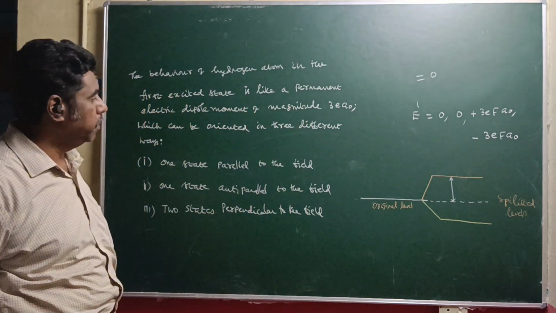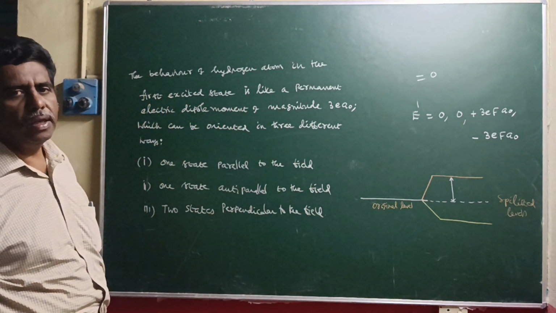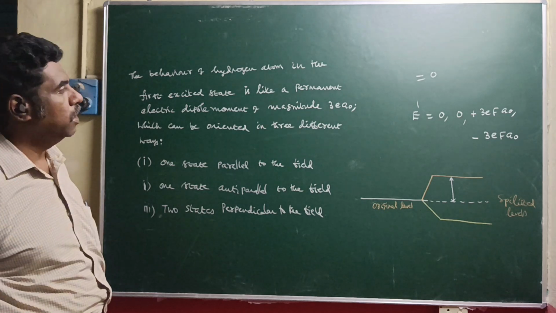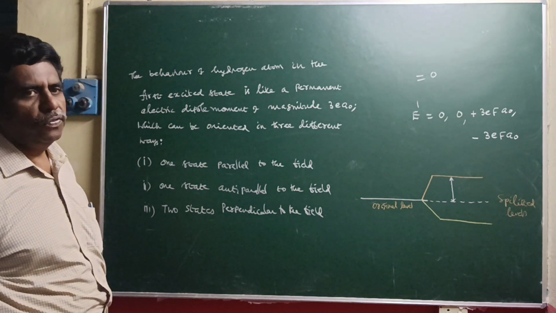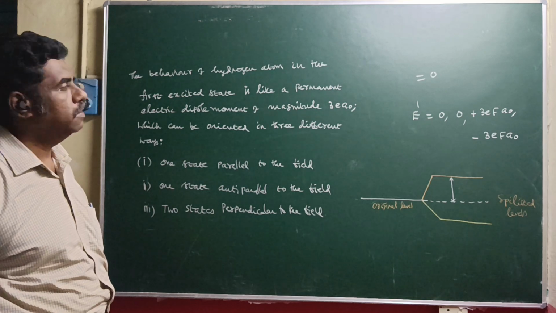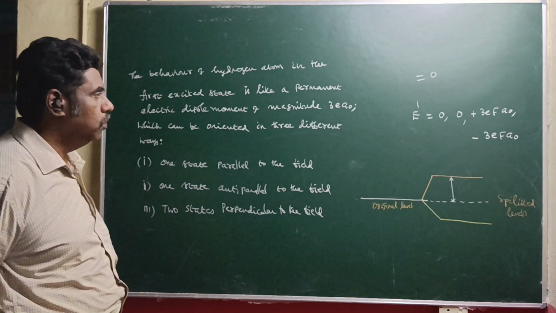The 2 states are perpendicular to the field because we are applying the field along the z direction, z equal to r cos theta. If theta is 90 degrees, cos 90 is 0.